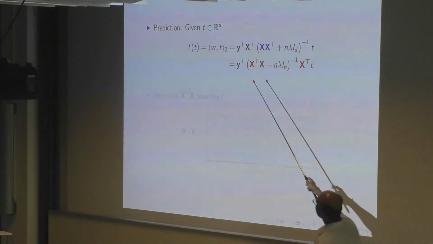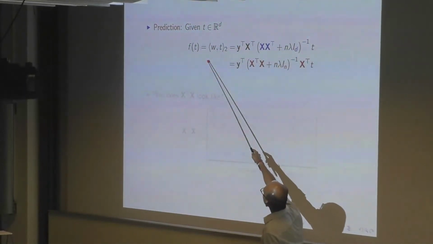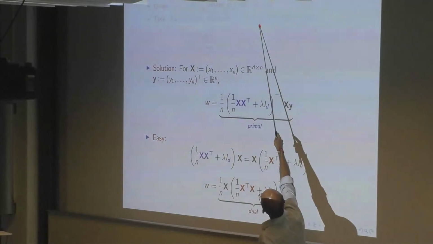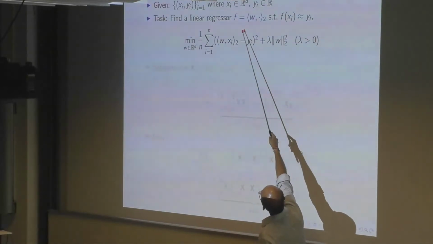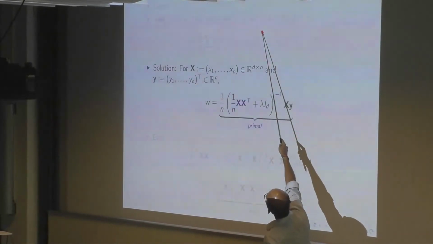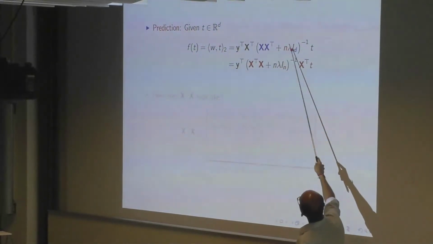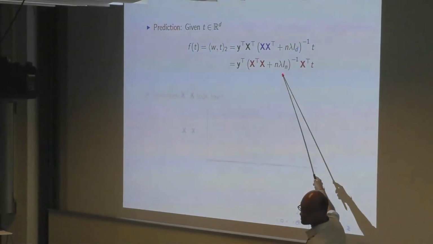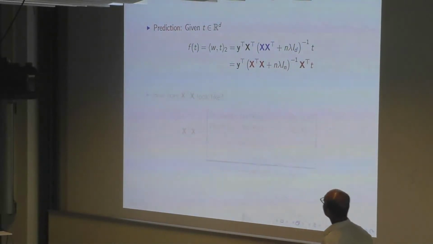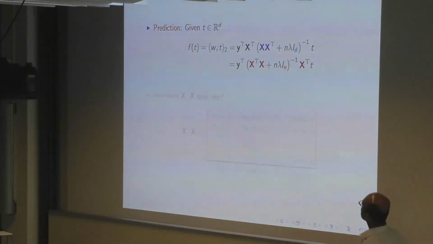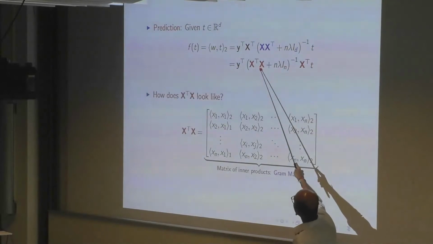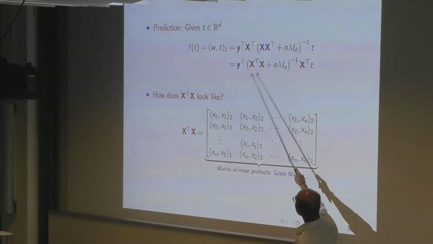If you want to predict, my f of t is of the form W comma this. This is the prediction in the primal, and this is the prediction in the dual. The key is we just have to look at how this matrix X transpose X looks.